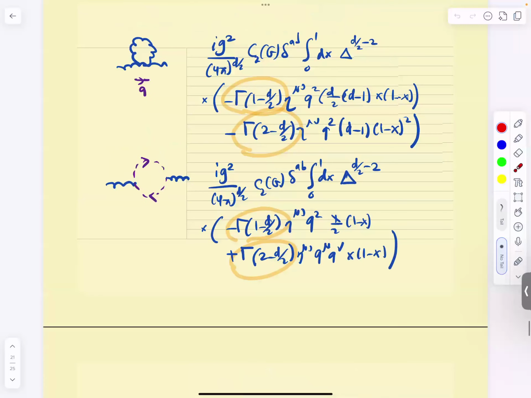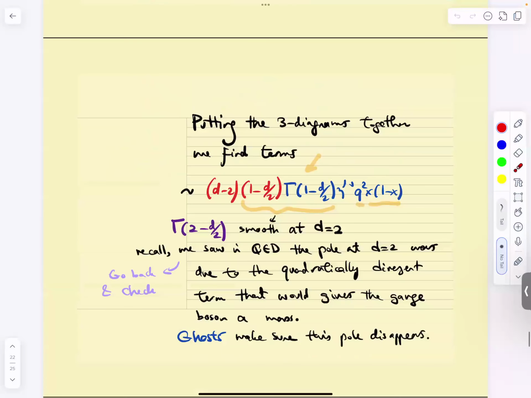All right, once we do all these diagrams, we put them all together. We're going to look at the pole at d equal 2 first. Now, the beauty of the ghost is that once you introduce ghosts, Ward identities are automatic. In fact, when you sum up the coefficient of the three diagrams, the coefficient of the 1 minus d over 2, the total coefficient that sits in front of it is d minus 2 times 1 minus d over 2.